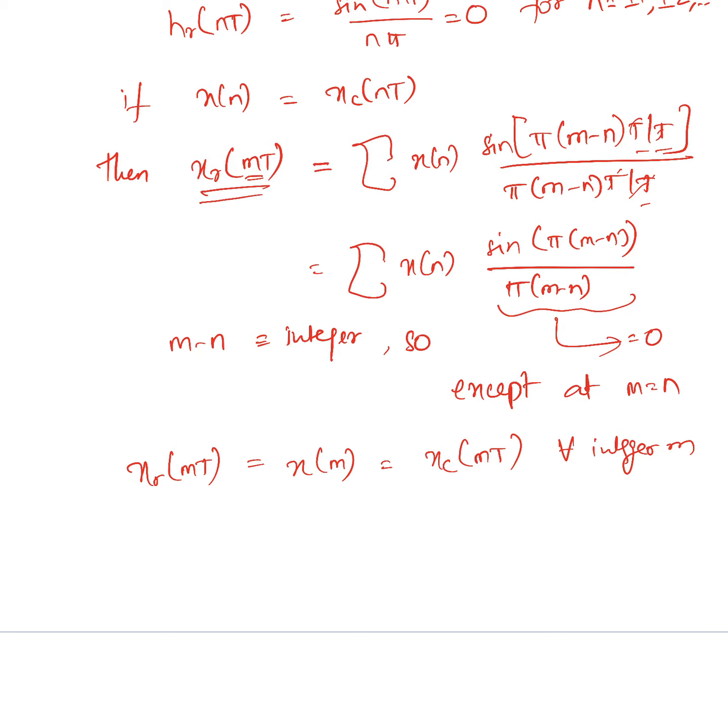So if there is no aliasing, then you can exactly construct the continuous time signal from its samples.